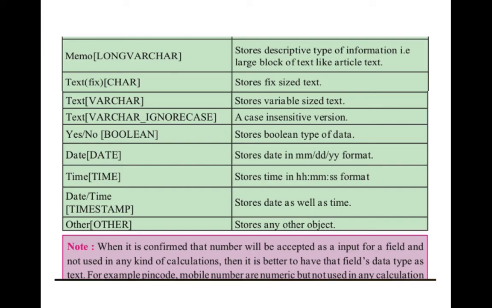It is up to me whether I use a numeric data type or a text data type; in text I can also enter numbers. It's a good rule of thumb that if we are not going to use the entered value in any numeric calculation, then we use the text data type, because it just becomes a storing value.